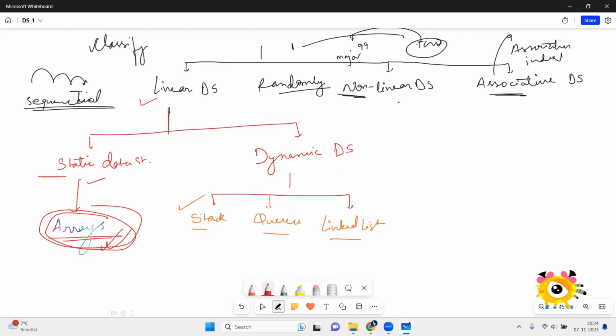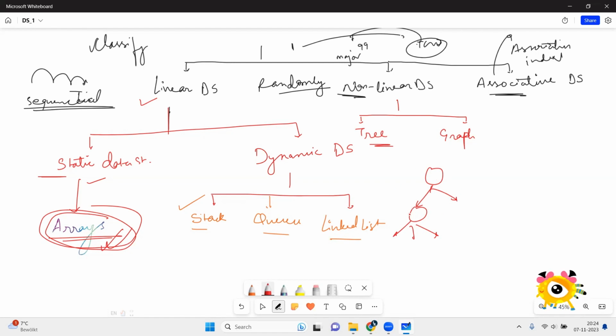So now, what are non-linear data structures? Non-linear data structures are again divided into two parts, which are tree and graph. The tree is literally like a tree. You can have binary trees, you can have ternary trees.